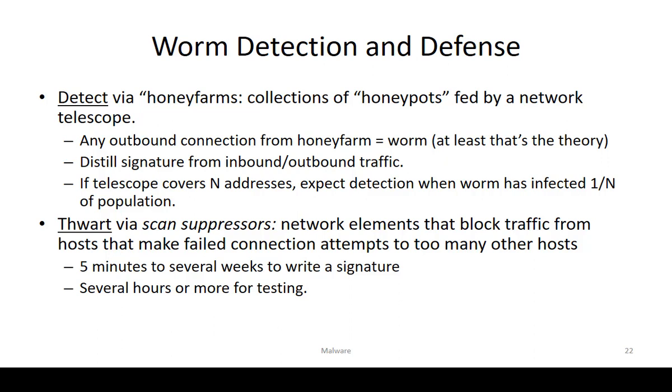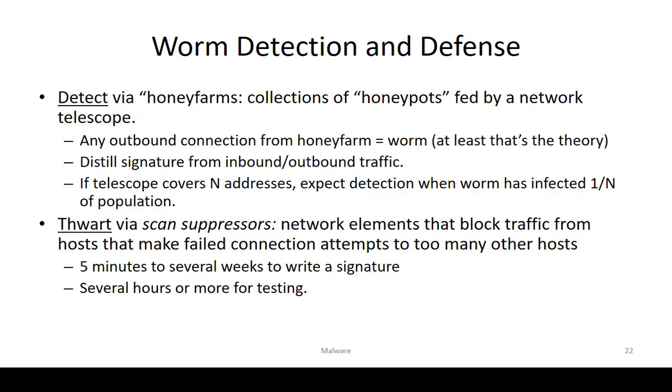And with worms, you can detect worms by using honey farms. Honey farms are simply collections of honeypots. You can then look at any outbound connection from your honey farm. That will be a worm, at least that's the theory.